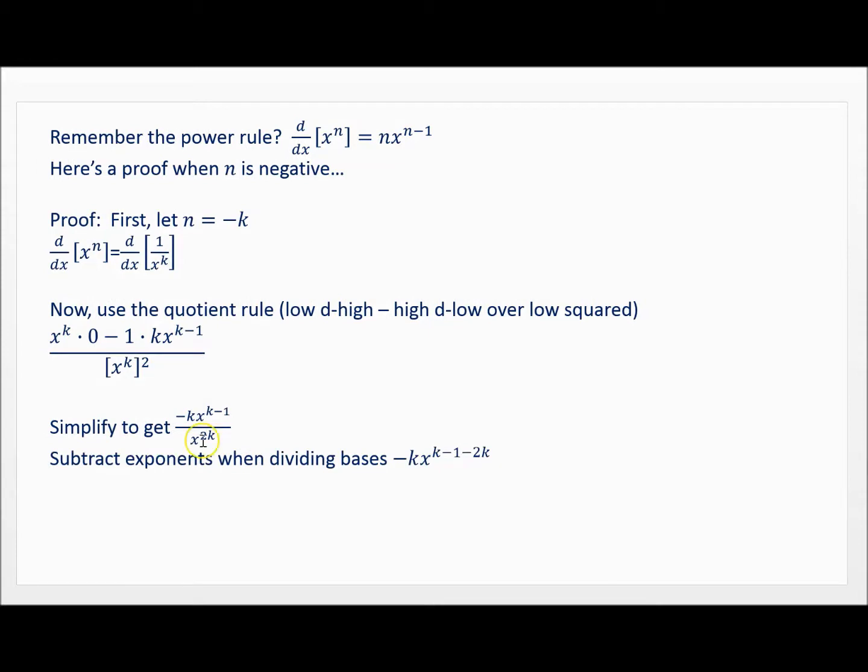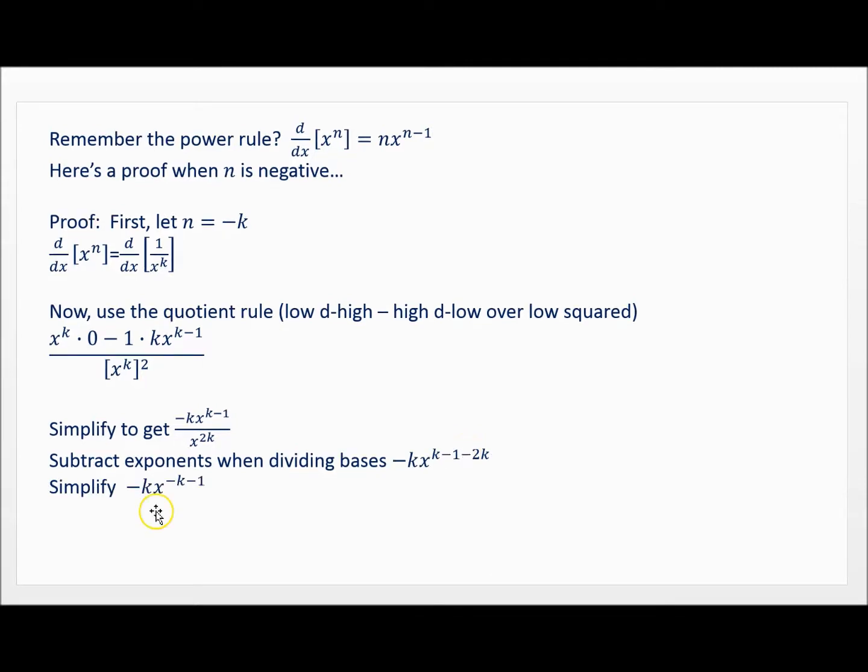When you have the same base, you subtract the exponents, right? So the negative k out front remains, and then you have k minus 1 minus the exponent in the denominator, 2k. The next step is to combine like terms, and that gives us k minus 2k, which is negative k minus 1.